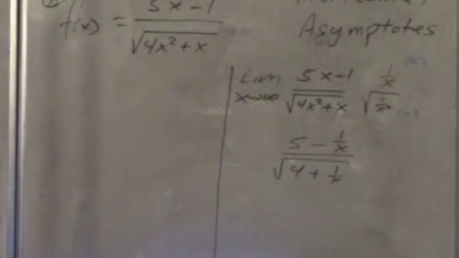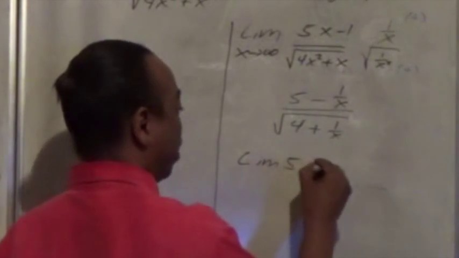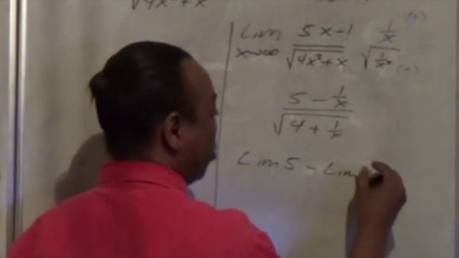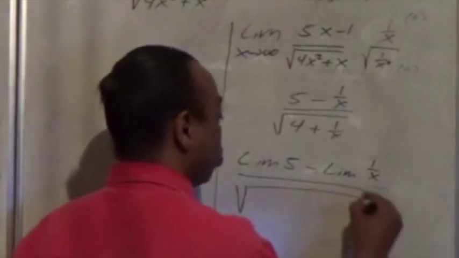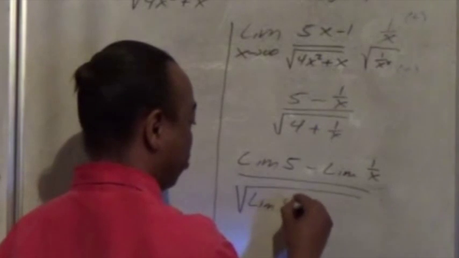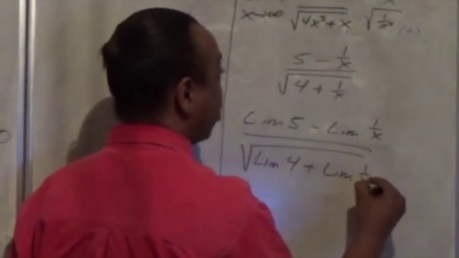Furthermore, I want to take the limit of all these. So I have the limit of 5 minus the limit of 1 over x all over the root of the limit of 4 plus the limit of 1 over x.